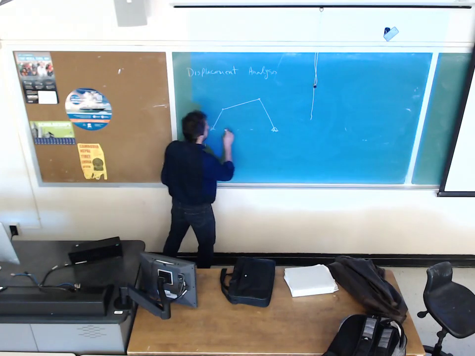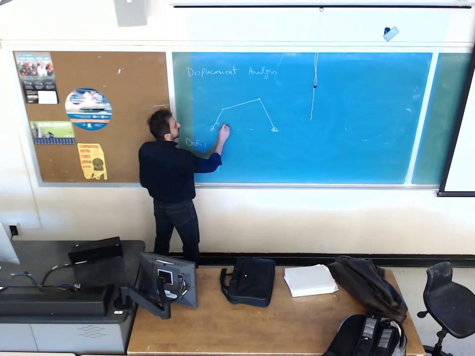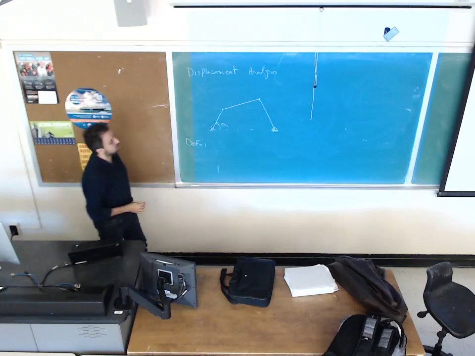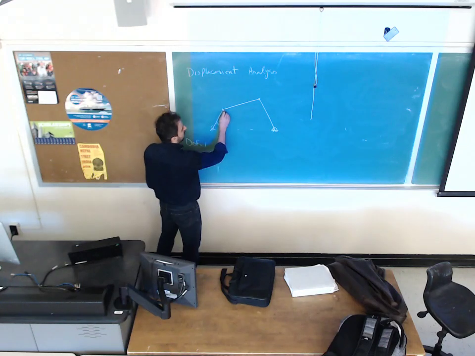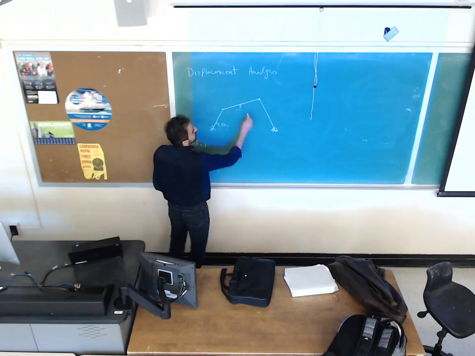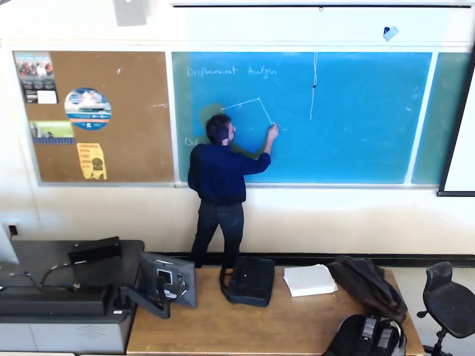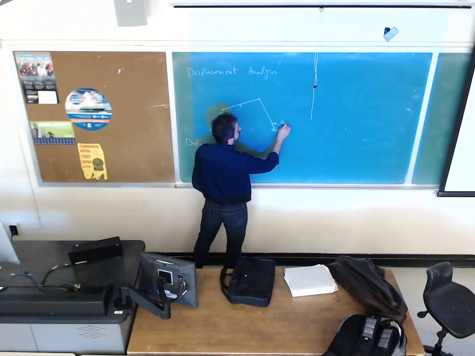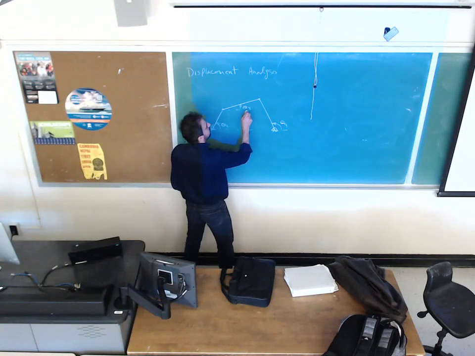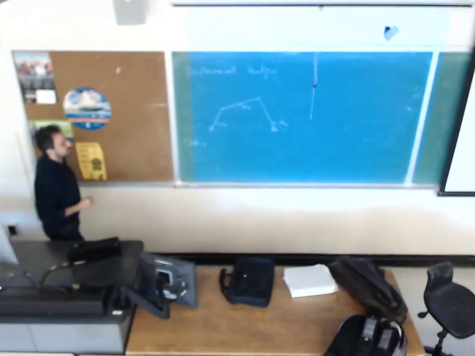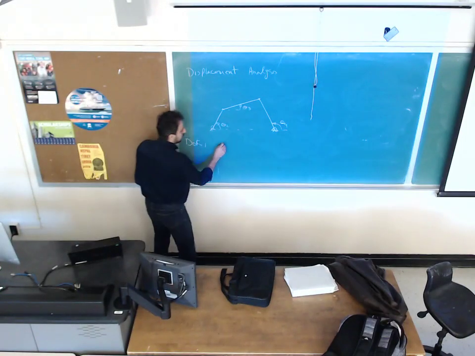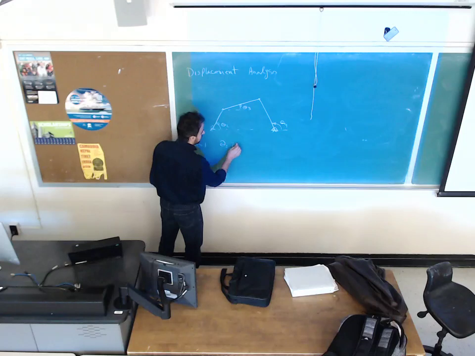We would like to know, when the input link is at the angle of theta 2, find the location of other links, link 3 and link 4, meaning finding the angle of theta 3 and theta 4. Theta 2 is given.